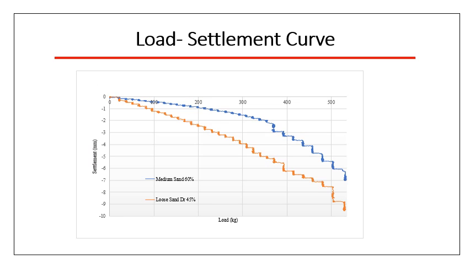The load settlement curve was obtained for both densities and is given in the figure. As you can see, for 45% relative density the settlement was higher, and for 60% the settlement was relatively lower.